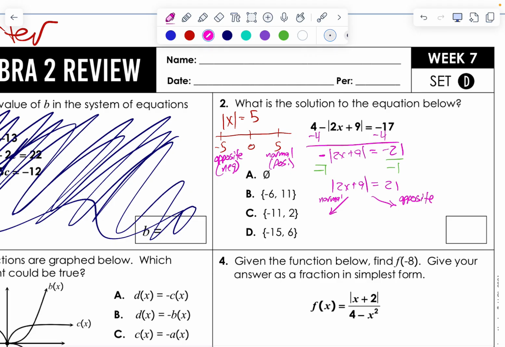And we take the opposite of the right side, just for convenience. So we drop the absolute value, and on this left side, it's just the normal version. On the right side, it's negative 21. Otherwise, everything else is the same. But that allows us to get rid of the absolute value.